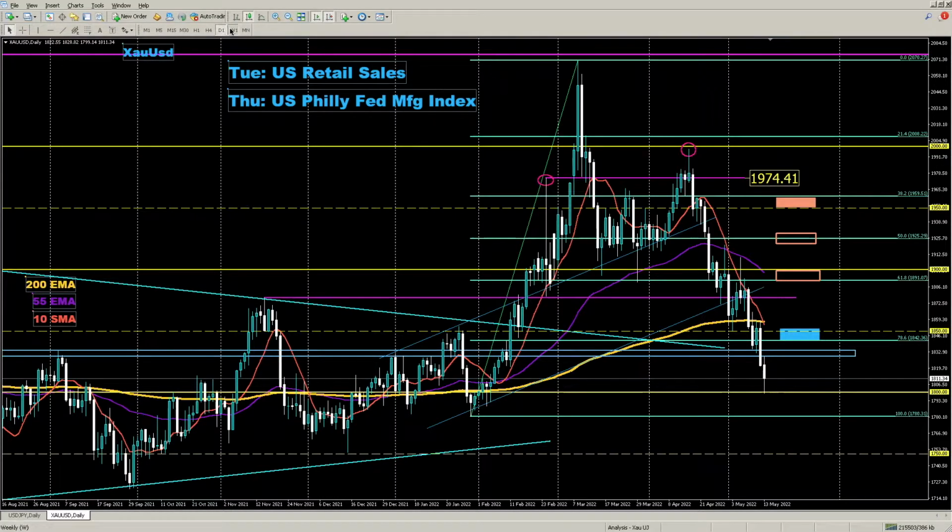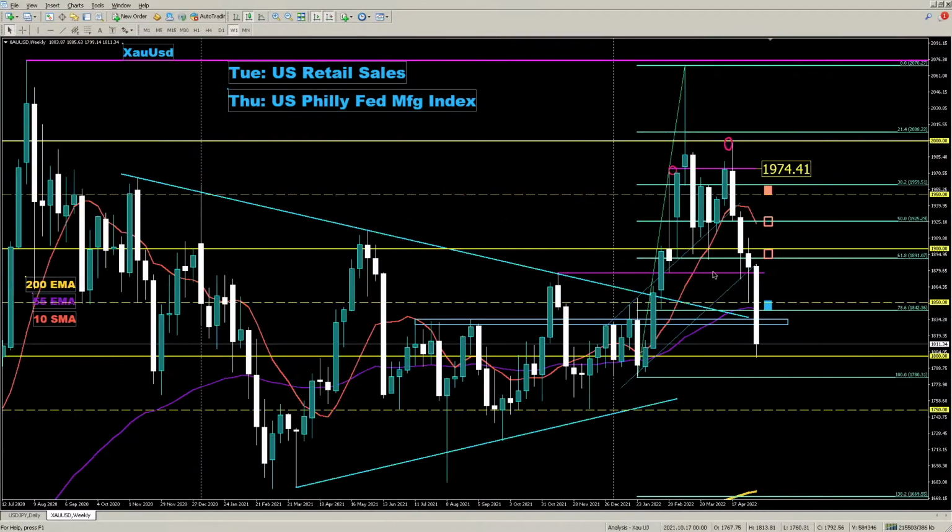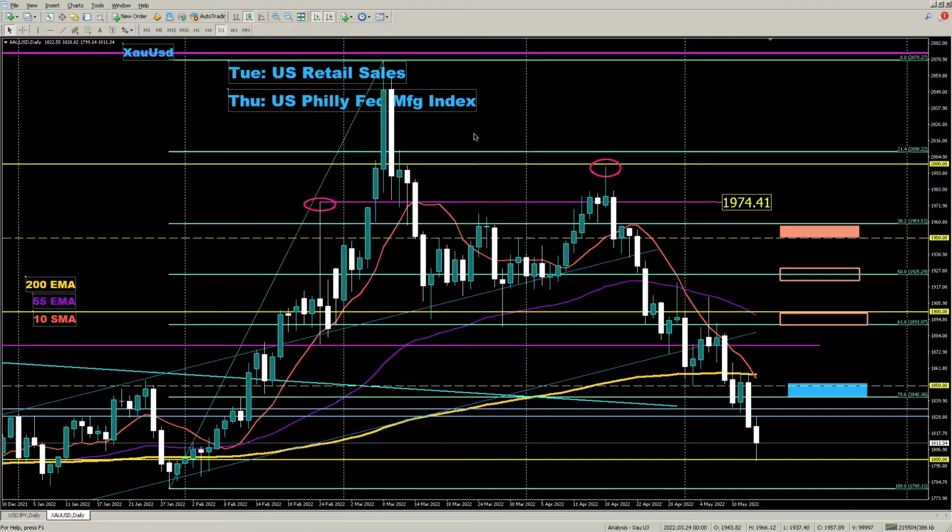If you take a look on the weekly time frame, yes, there is definitely a very bearish candle here. So there is likely a continuation move lower. Let's see where it might be headed to.